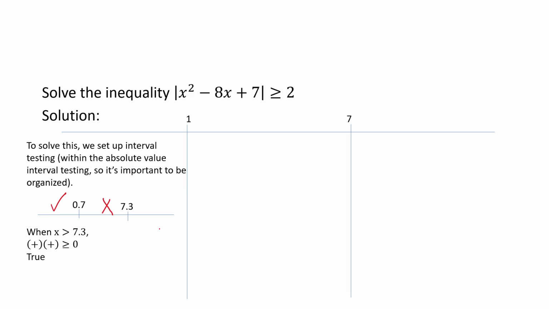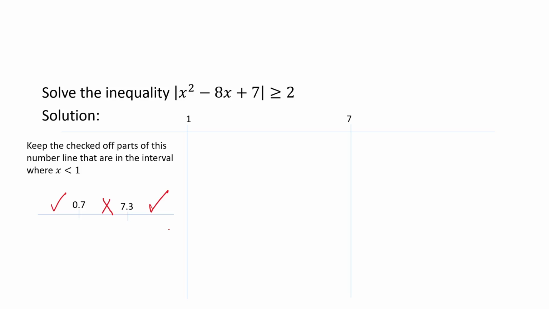And finally, if we let x be greater than 7.3, x squared minus 8x plus 5 is in fact greater than or equal to 0. We put a check mark there. So now we say, okay, we've finished our interval testing within this interval.